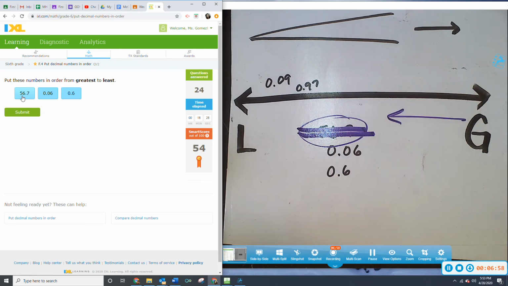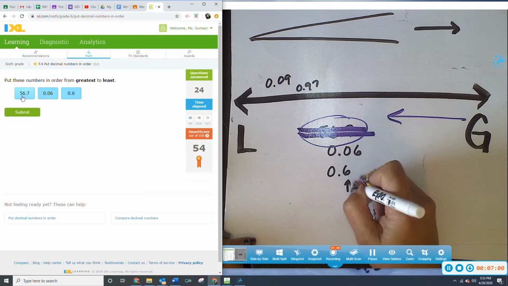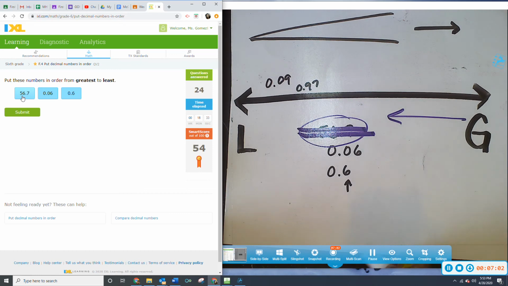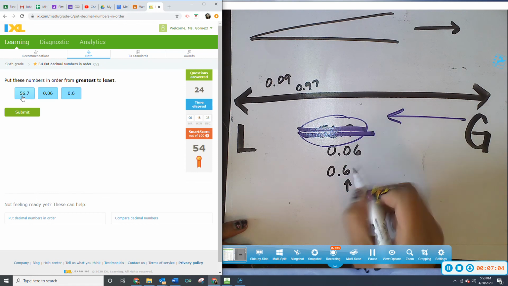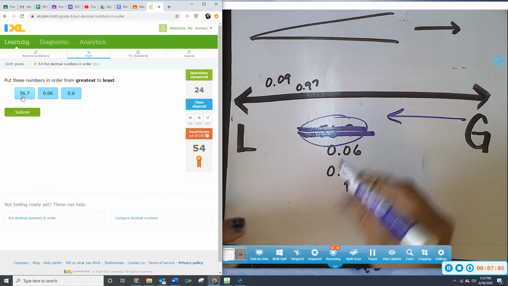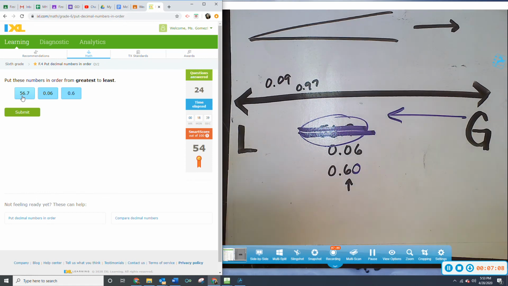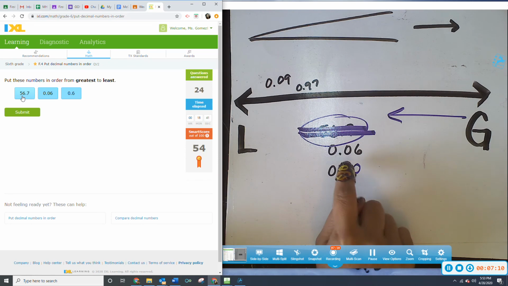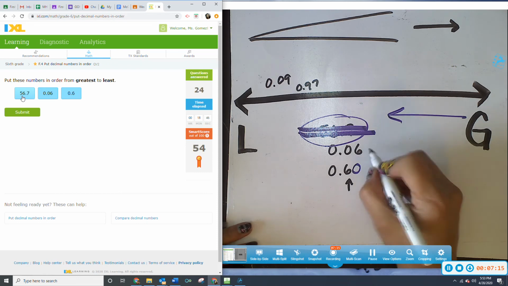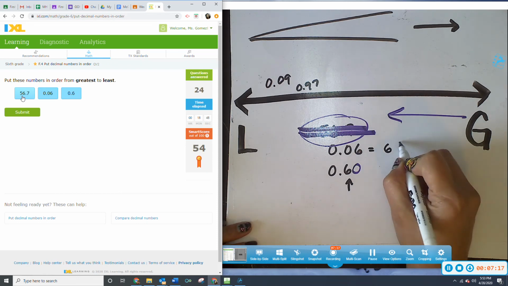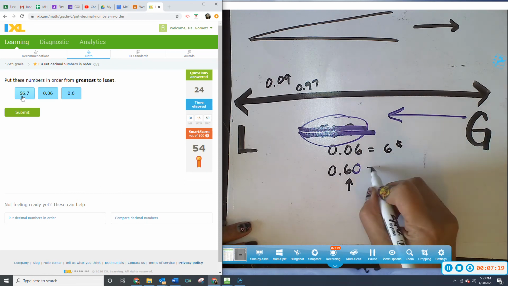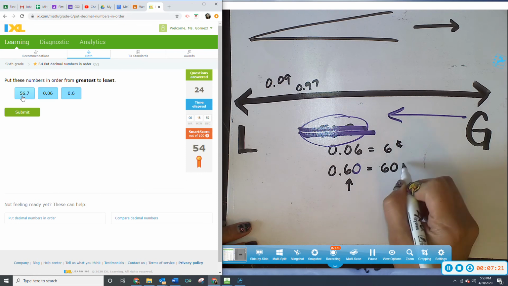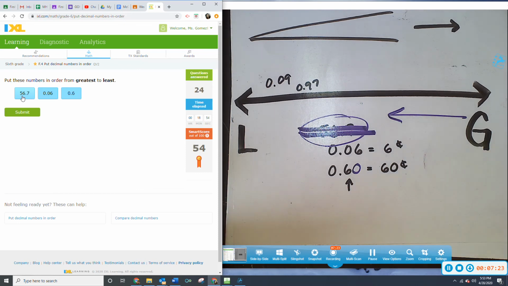So once again, look at your tenths place. So here, 0.60 in comparison to 0.6. 0.06 is equivalent to 6 cents. This is equivalent to 60 cents. Which one's larger? The 60 cents, of course.